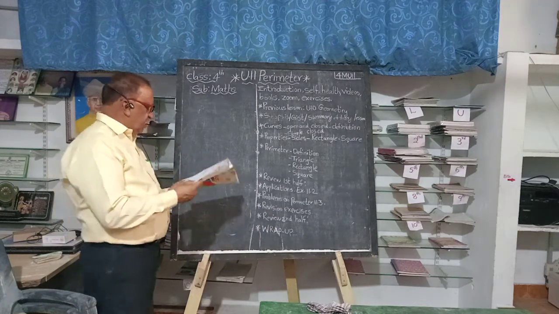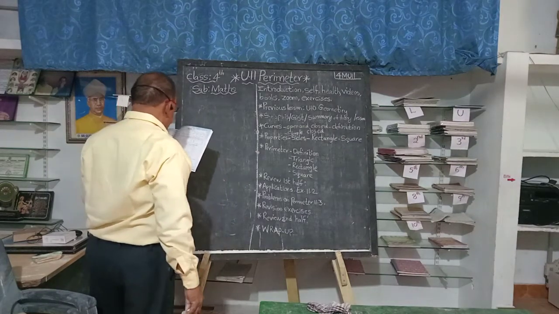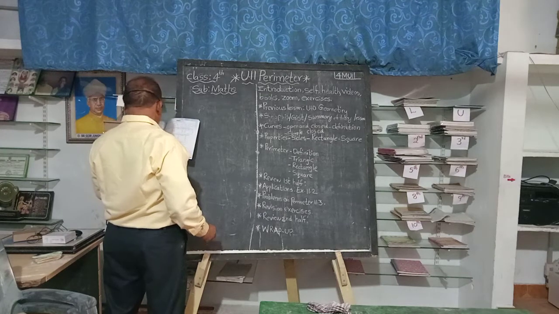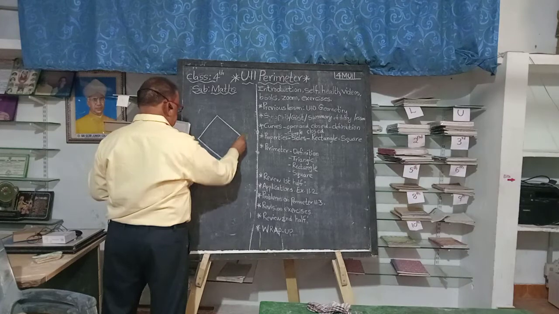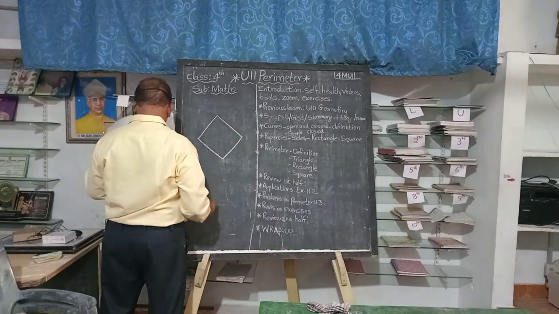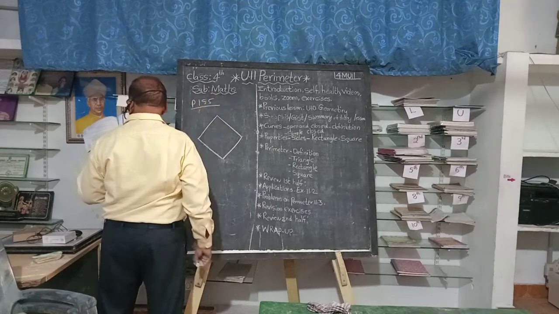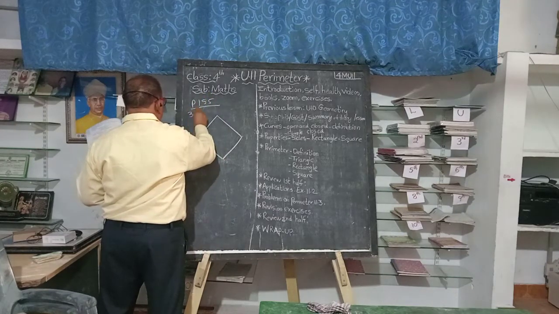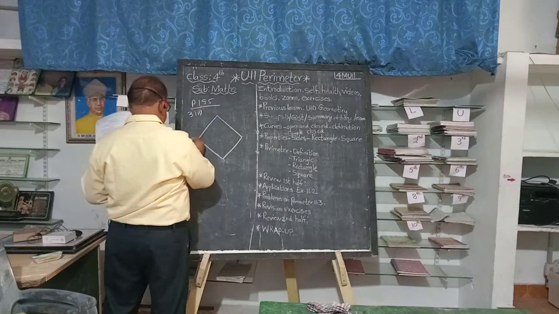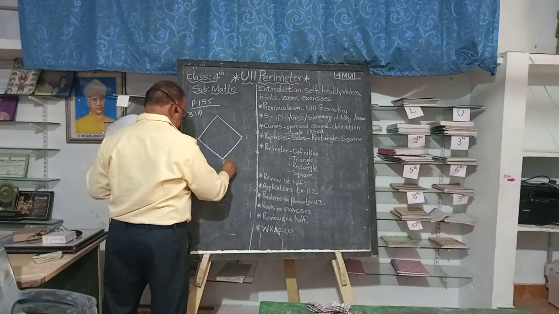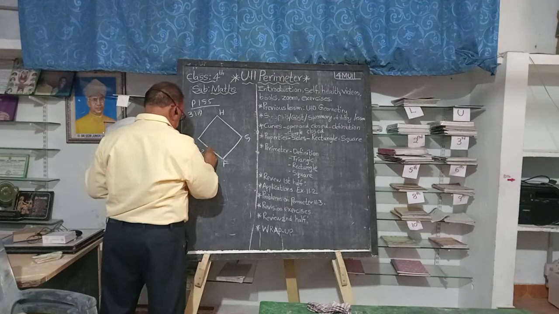Let's see 11.1. I have a sketch here. This is page 155. So E, F, G, H, each side is 2 centimeters.